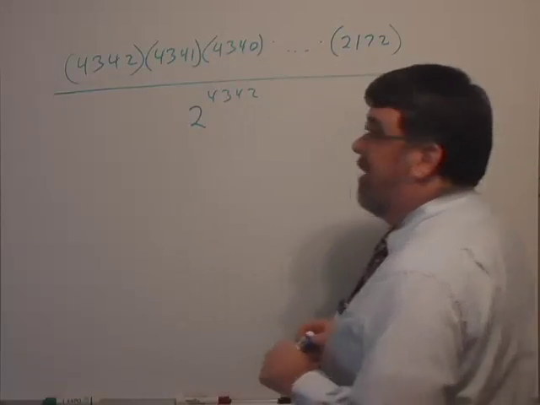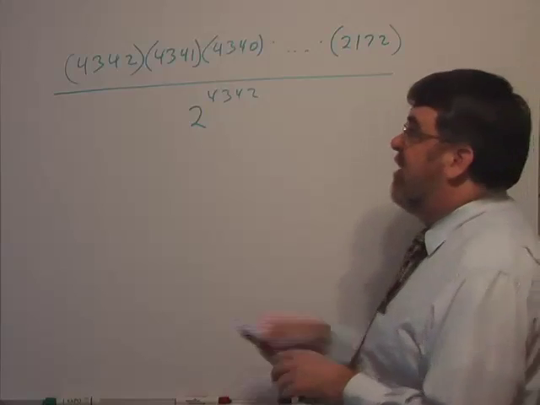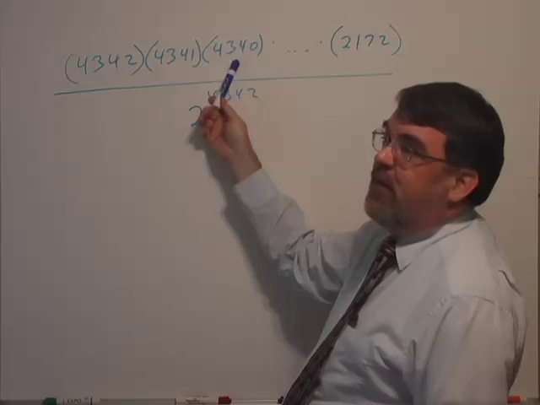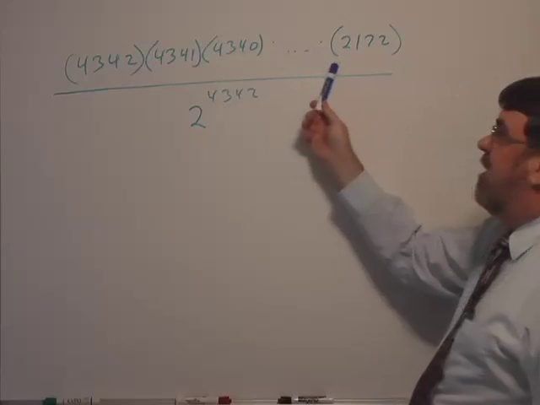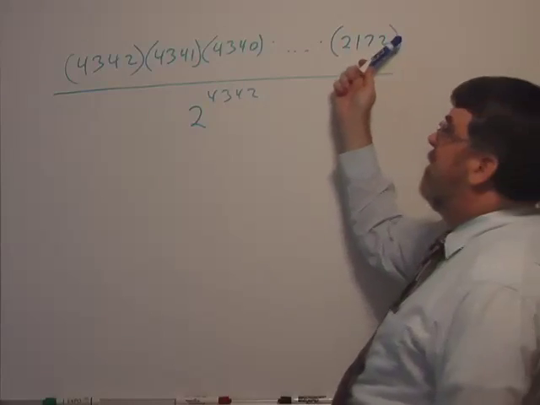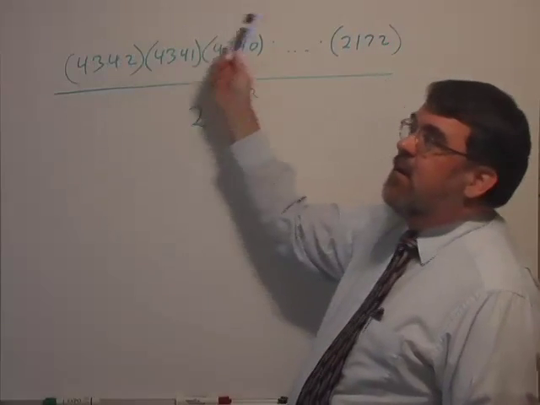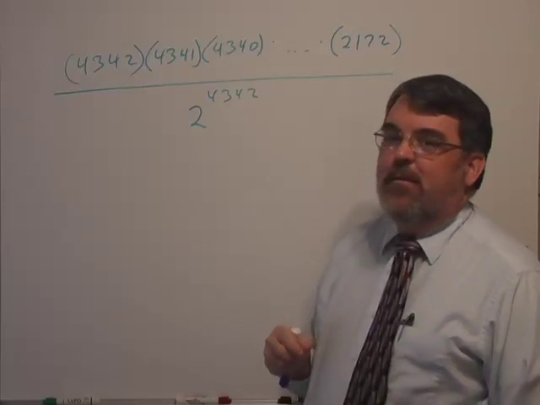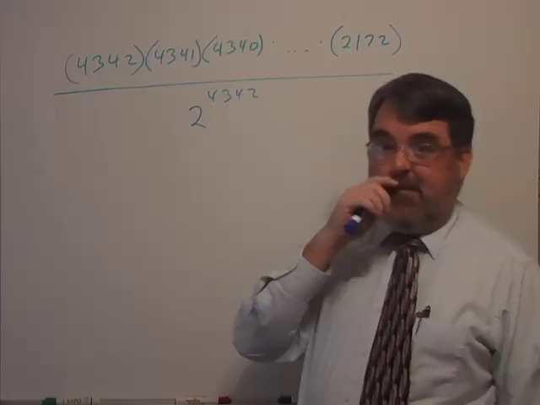Well, this is the calculation, and it's enormous. It's 4,342 times 4,341 times 4,340, all the way down the line until you get down to 2,172. So you have to multiply 2,171 numbers here, and then divide by 2 raised to 4,342.